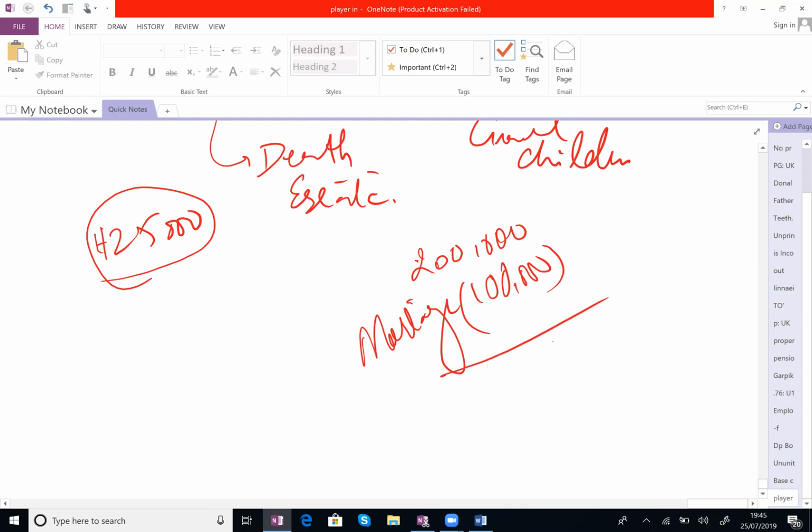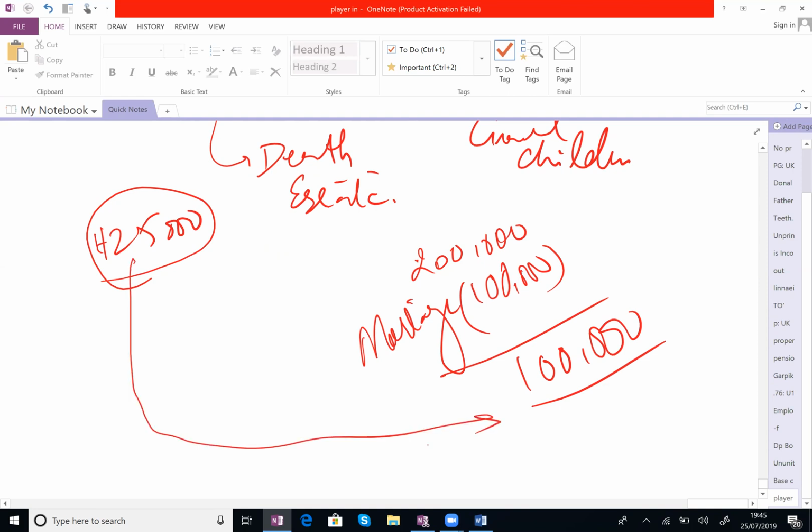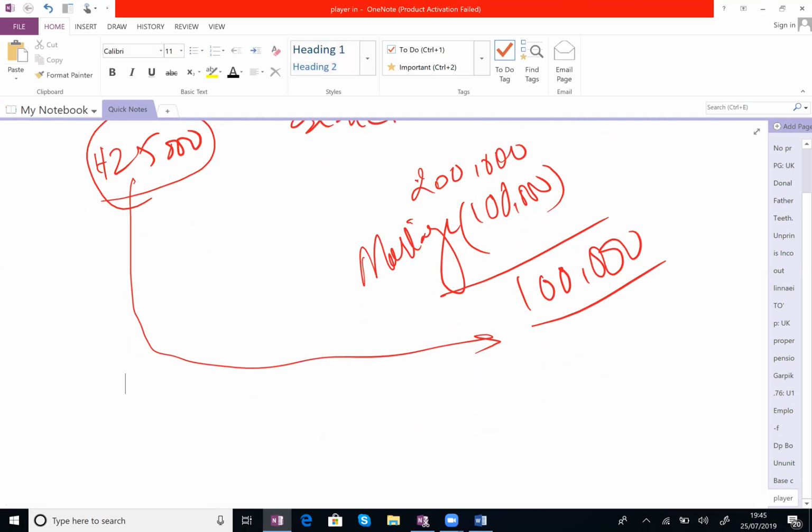So what is the remaining value of the house? 1 lakh. So how much residence nil rate band is available on this house? 1 lakh. So it will be reduced to the value of the house, not 1,25,000. Any problem?